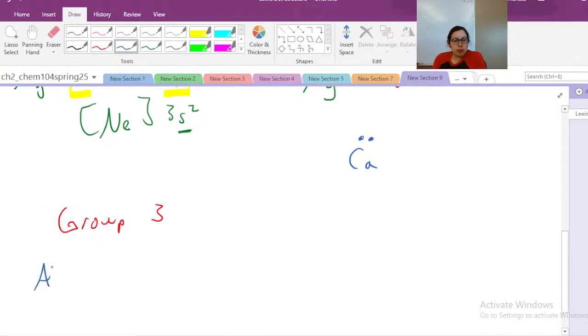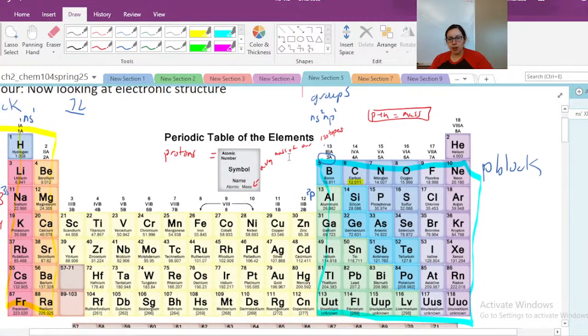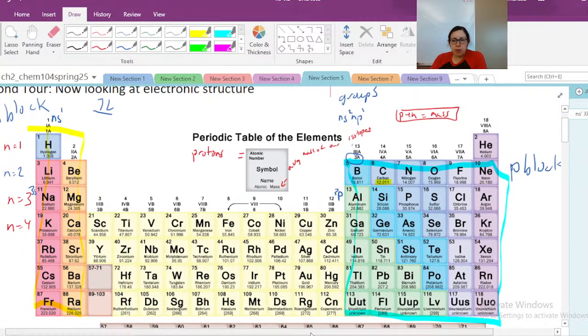And so if we do aluminum's electron configuration, I'll abbreviate it. Again, starting at neon, and again, reference your periodic table for these. So neon, and then labeled 3s2 as we fill that up, and then 3p1.